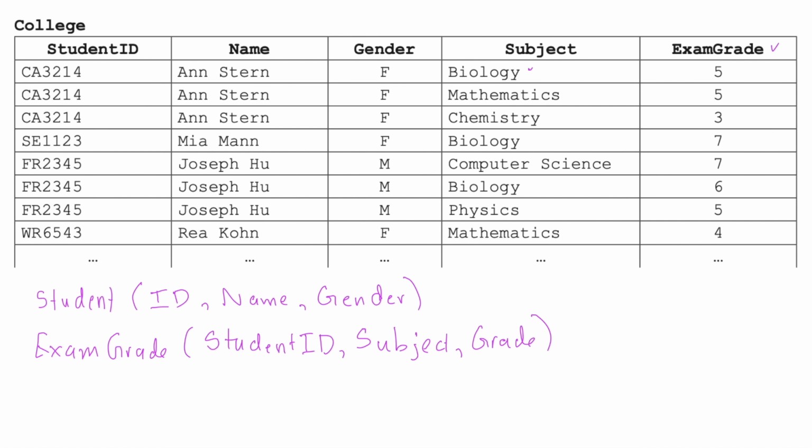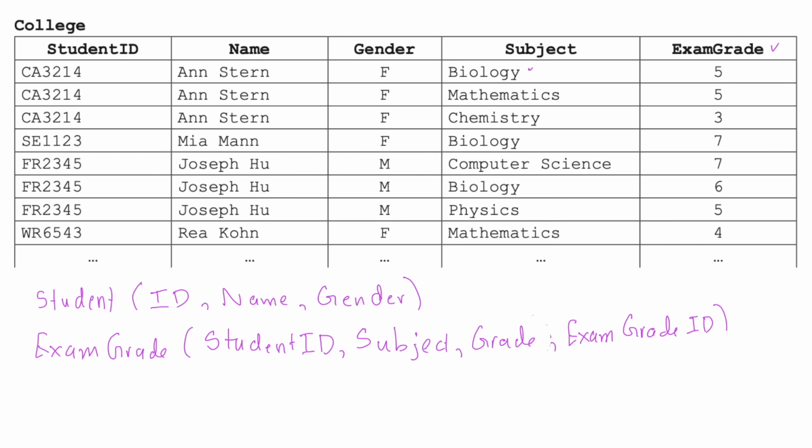So in that case, I would say that, yeah. Right here, the problem is that we can have multiple student IDs in different subjects, and with different grades. But the fact that we can have multiple student IDs in the same table means that we probably also need a primary key for this. So we could just say exam grade ID.